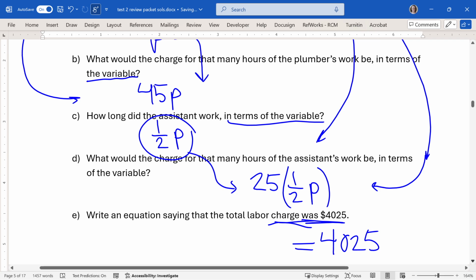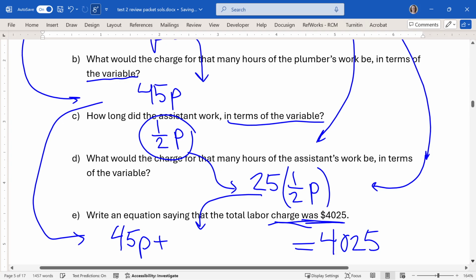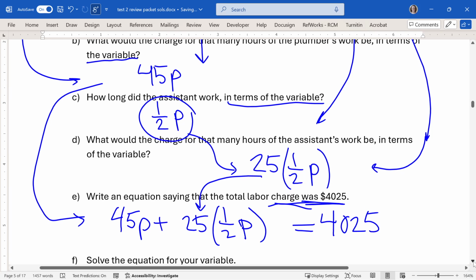So the plumber charges, we have that information right here, and then the assistant charge, we have that information right there. So we're just adding those charges together: 45P plus 25 times 1/2 P. And that's going to give us our 4025. Just follow the same operations that you would use if you actually knew how many hours it was.